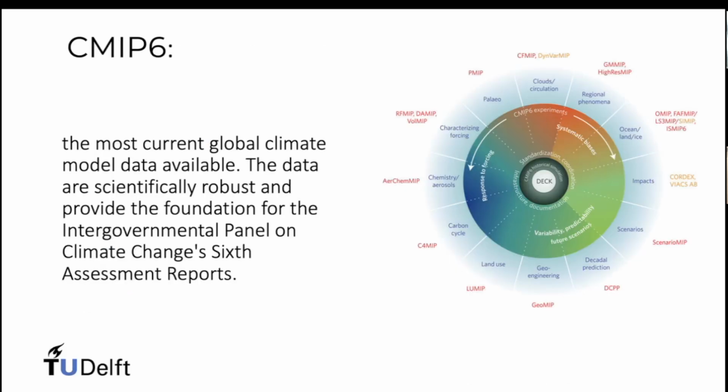So we want to touch a little bit on CMIP6. For those who don't know, these are the most current climate model data available, from multiple groups. Most of this is used for the IPCC assessment reports and is also used for various commercial outfits as well as science goals.